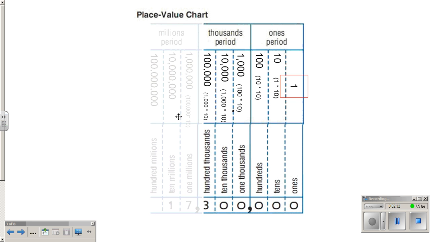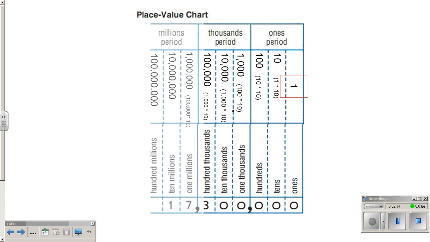After that, we have our millions period, and we have the same thing. We have our comma down here separating the thousands period from the millions period, and we have our same ones, tens, and hundreds, this time in the millions. Each time we are going 10 times bigger than the column to the right.